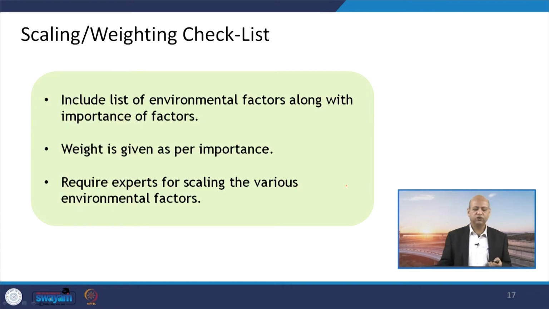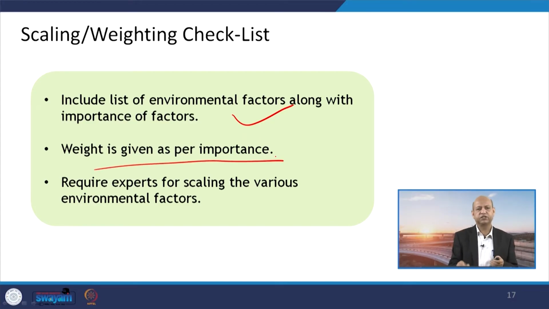In scaling or weighting, you give some weightage to particular parameters: 0.8, 0.9, 1, 2, whatever you decide. The environmental factors are included, and along with the important environmental factors you have further description, and the weight is given as per the importance.